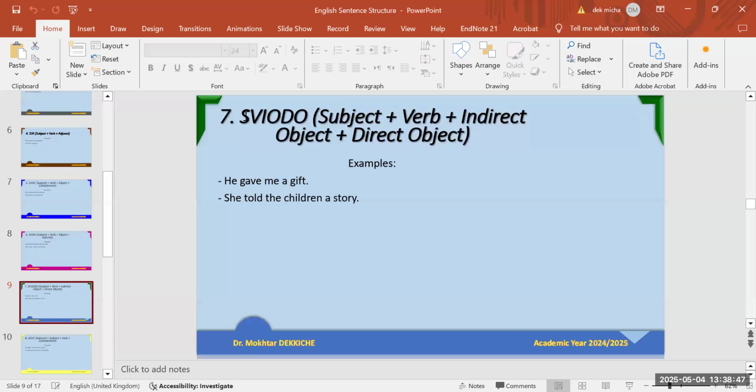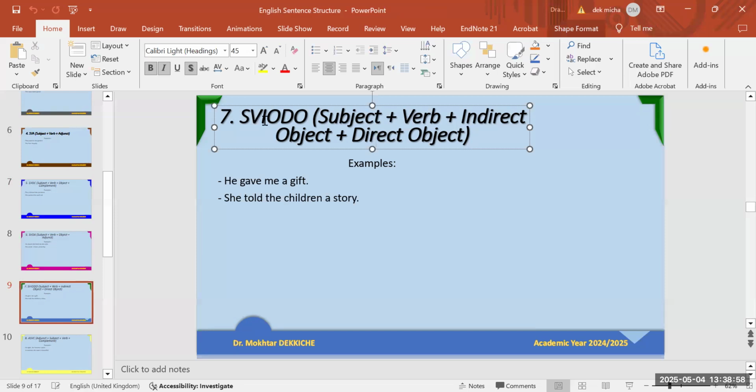This is somehow a complex structure: subject, verb, indirect object, direct object. He gave me a gift, and she told the children a story. In the first sentence, we can say that he gave a gift to me.